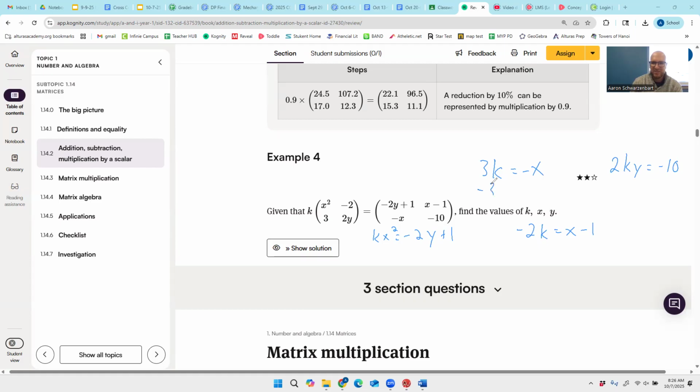So negative 3k is equal to x. k equals negative 1. Negative 3x equals 3. Using that one.